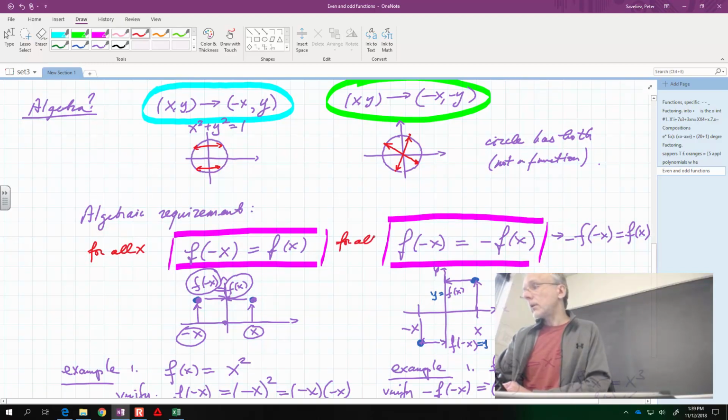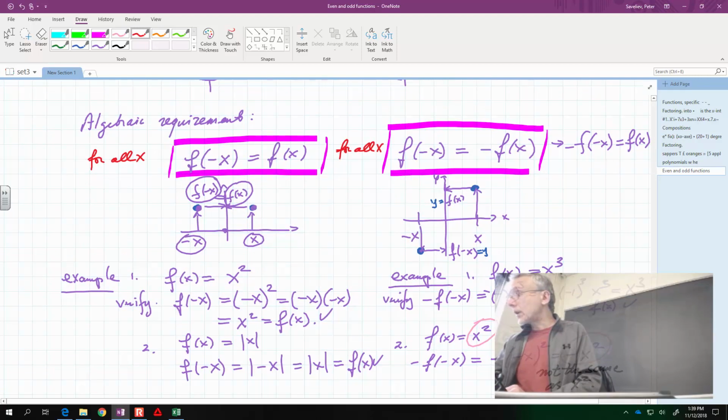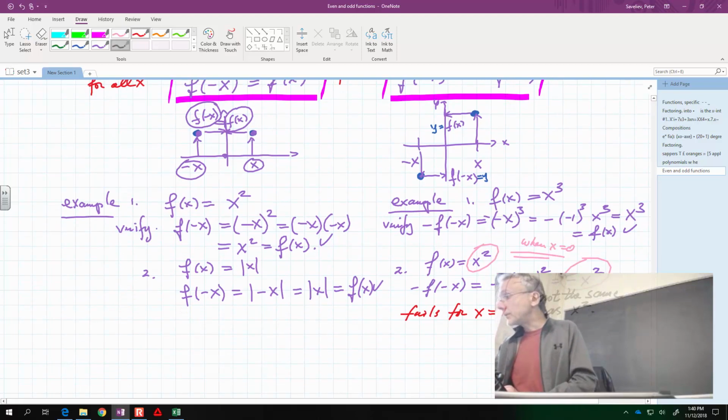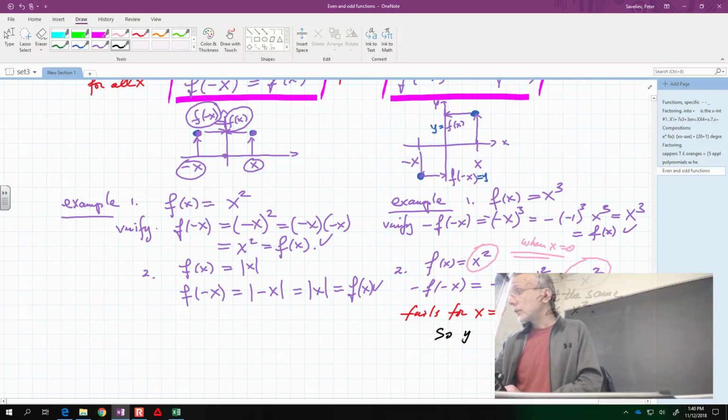For all x in the domain of f, this has to be satisfied. If we demonstrate that it fails just for one value, say x equal 1, it doesn't matter which one, as long as it's not 0, the condition fails, and so this function, y equal x squared, is not odd.